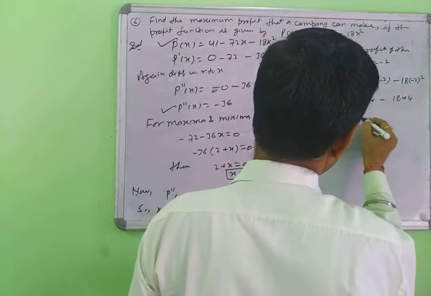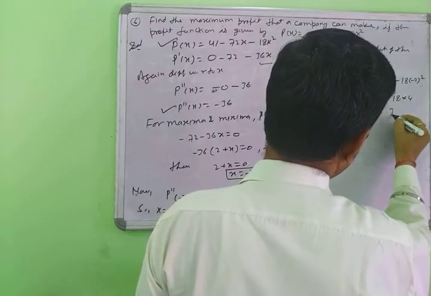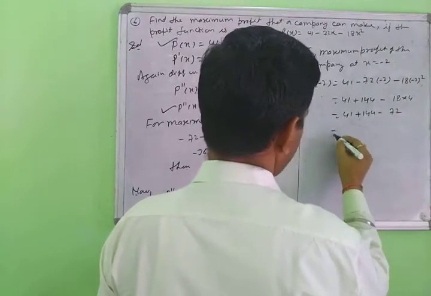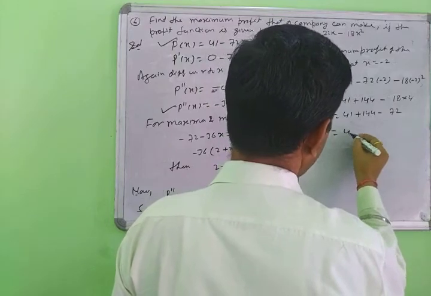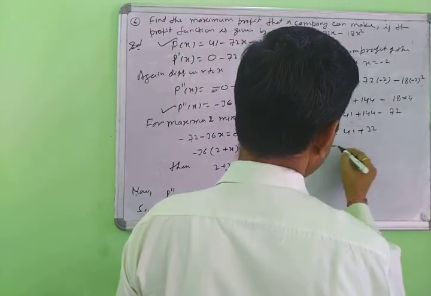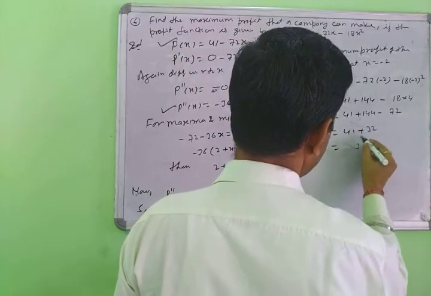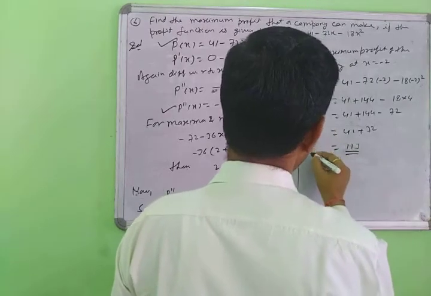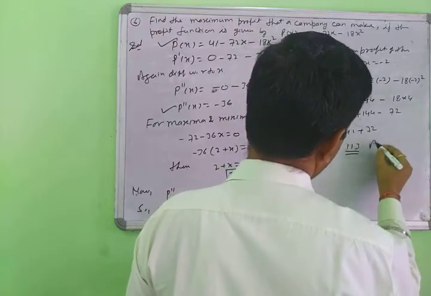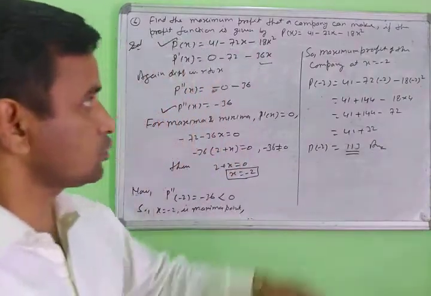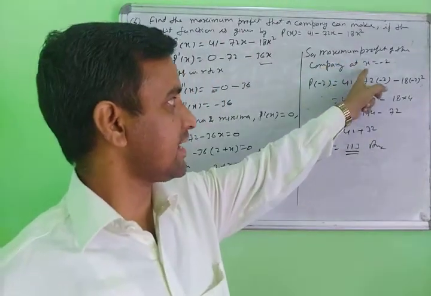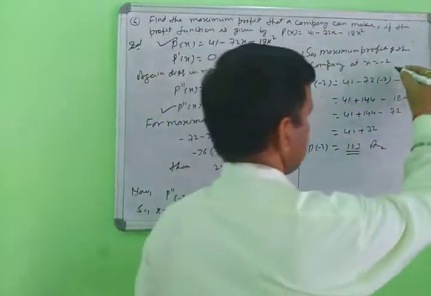So 41 plus 144, and 18 times 4 is 72. Now adding and subtracting, we get 113, and the maximum profit here is 113, for the company at x equal to minus 2.